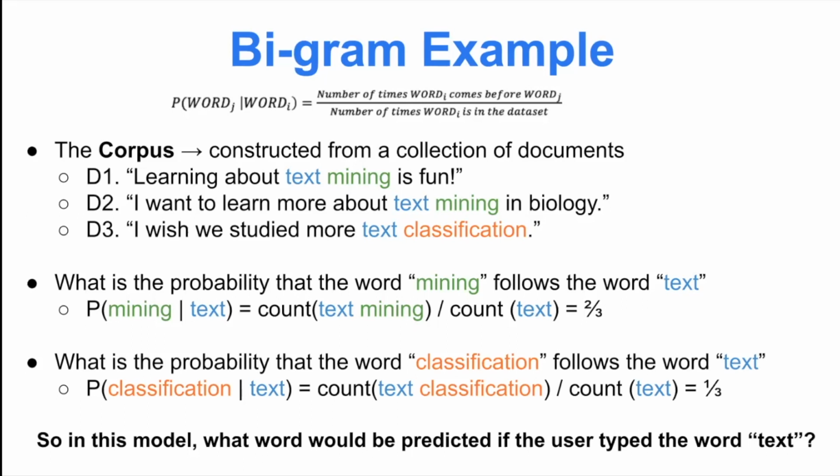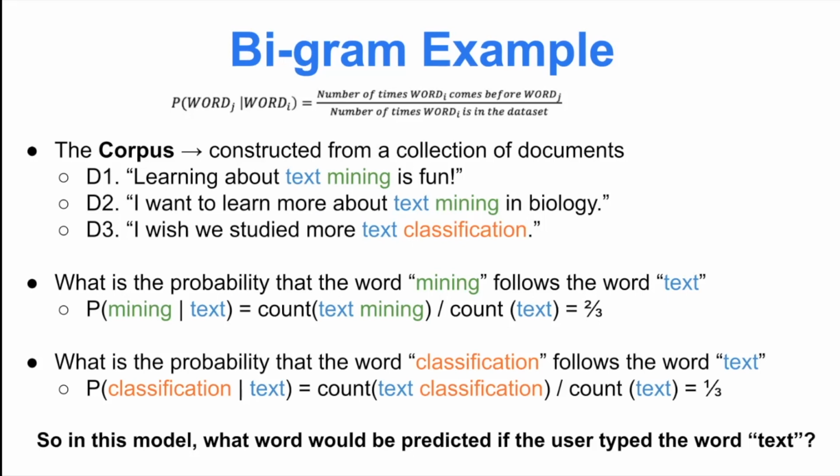The probability of mining given text is the count of the occurrences of text mining, which occurs once in document 1 and once in document 2, so that would be 2, divided by the number of times text appears in our corpus, which is 3. So the probability is 2/3 or 0.67.